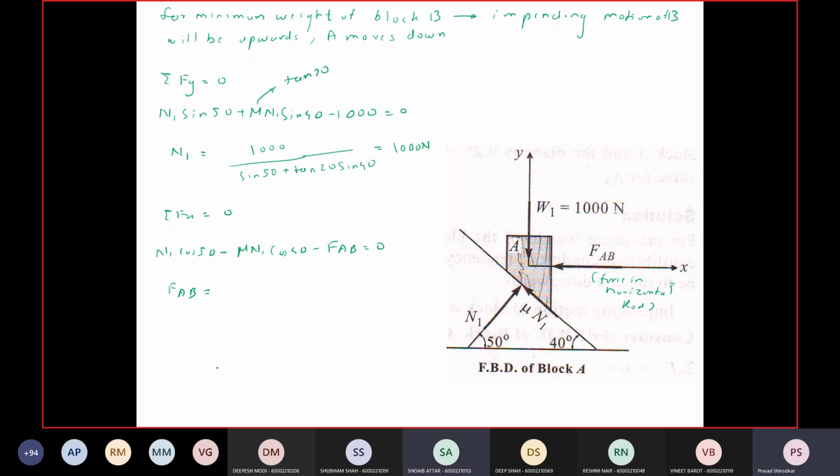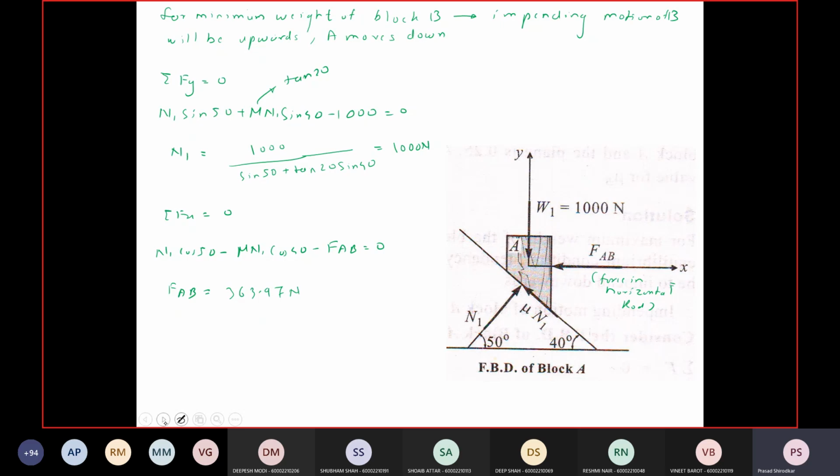FAB is 363.9, 364. FAB is 364, correct. 363.97 newtons or 364, both are correct values.